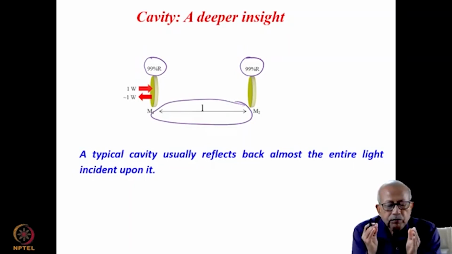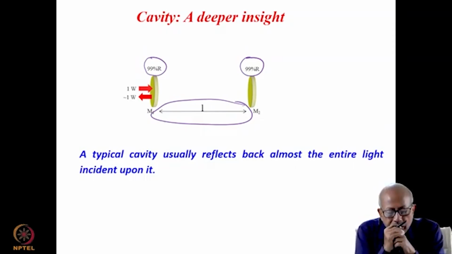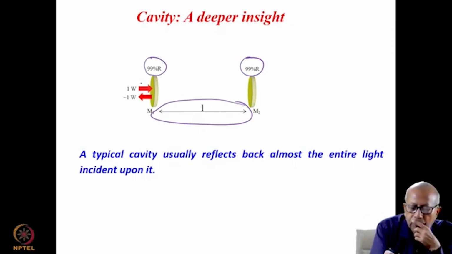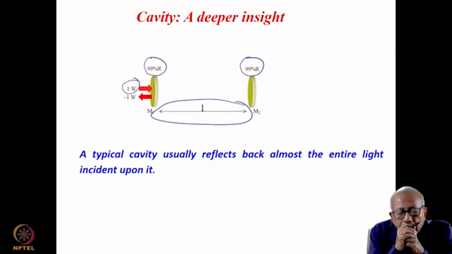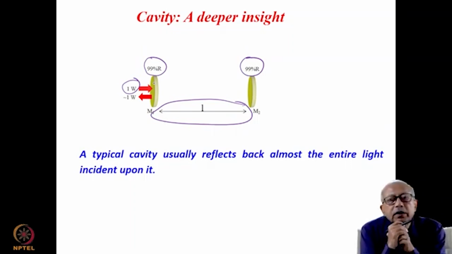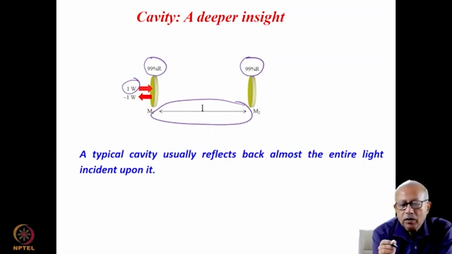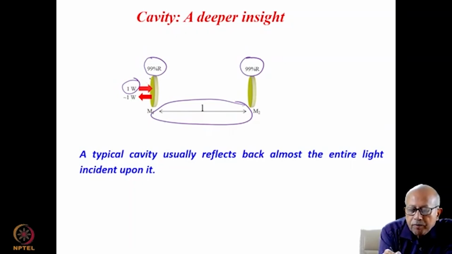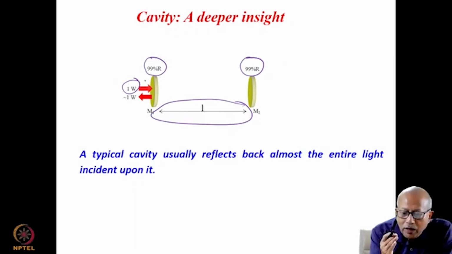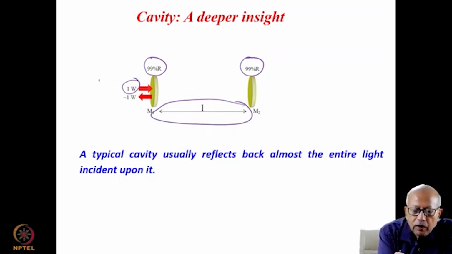Let us assume that we shine this cavity with a beam of light of power 1 watt. Now, the front mirror is 99% reflective, so the cavity will reflect 99% of this 1 watt. 1 watt means 1000 milliwatt.